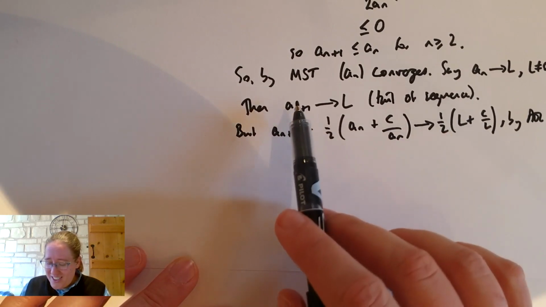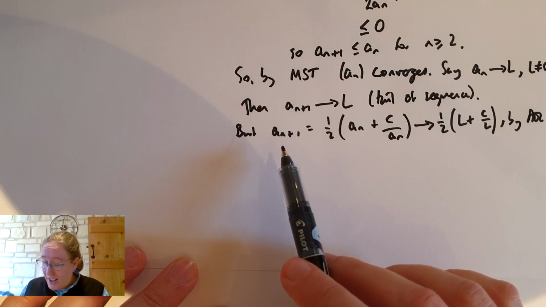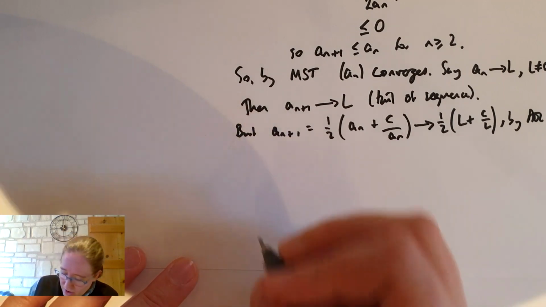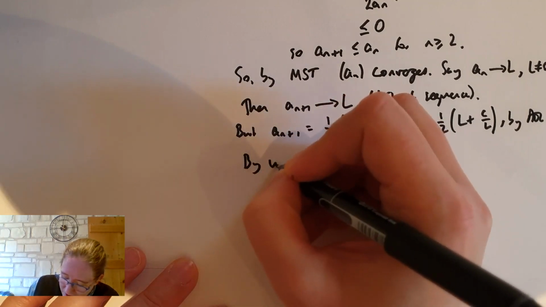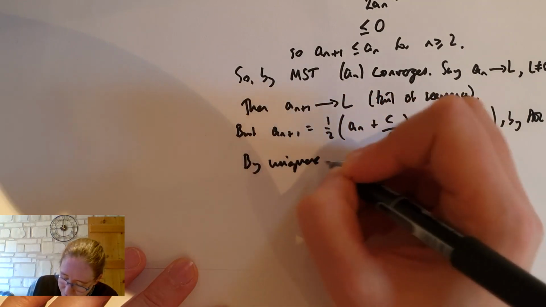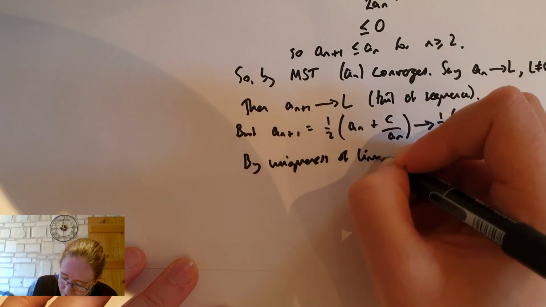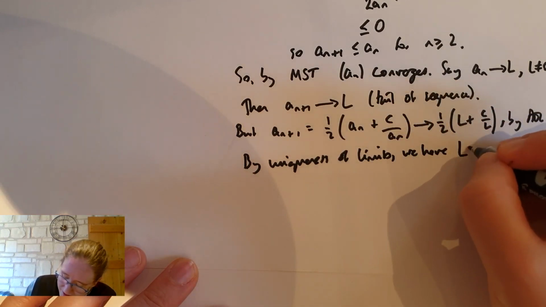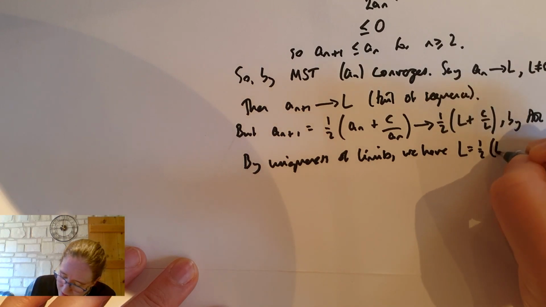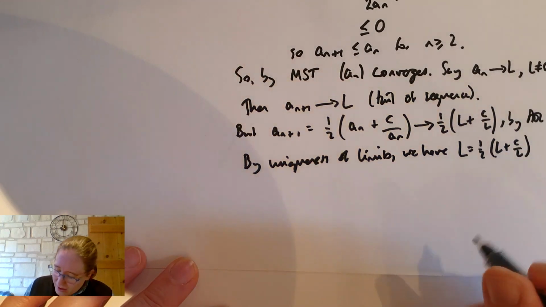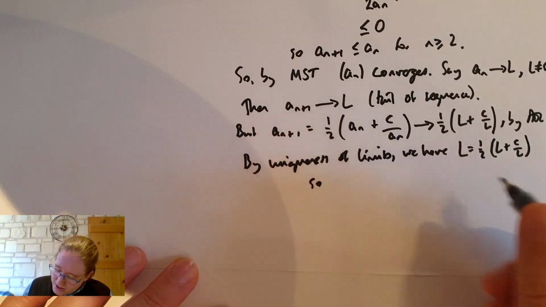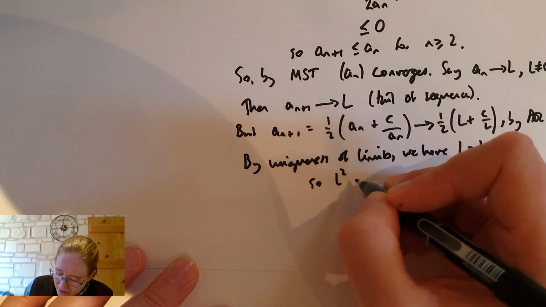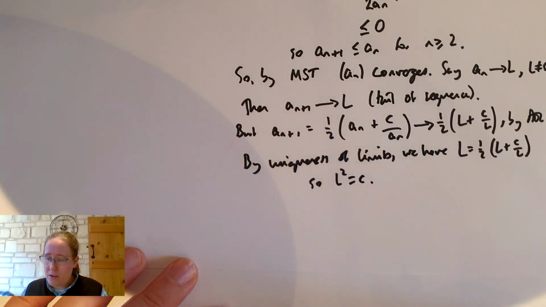We know that the sequence a_{n+1} has a unique limit, so we can equate these. So by uniqueness of limits, we have that L is equal to a half of (L plus c over L). And if you rearrange that, I think that's going to give us that L squared is c.